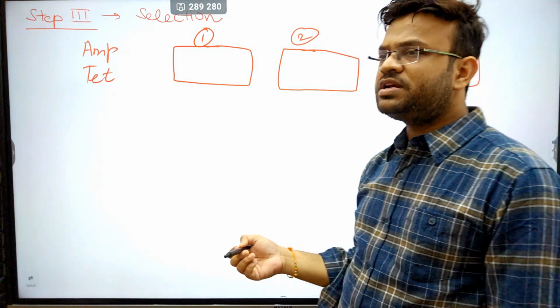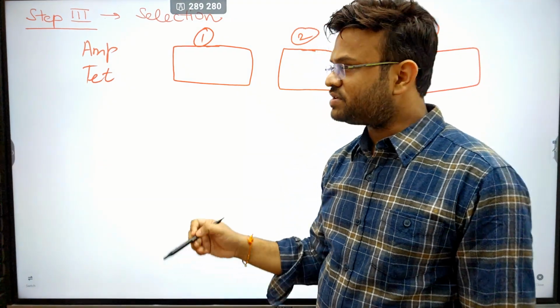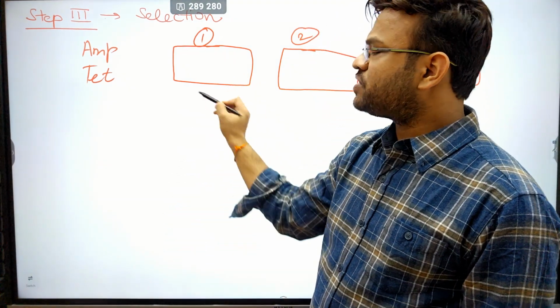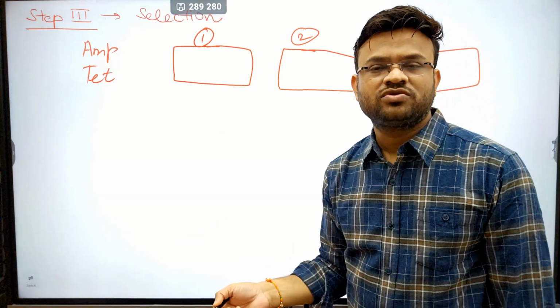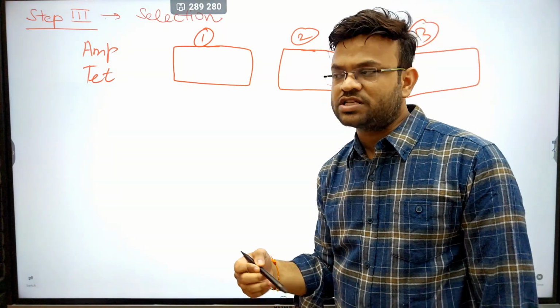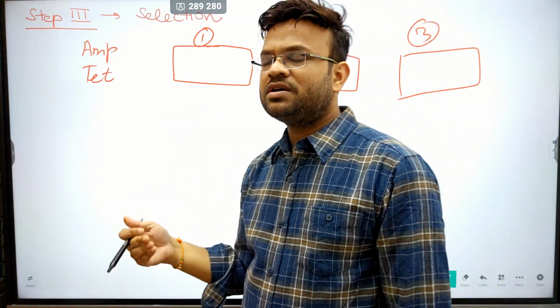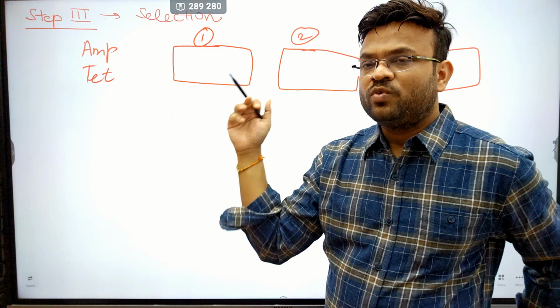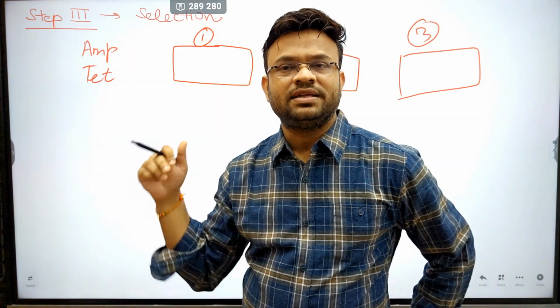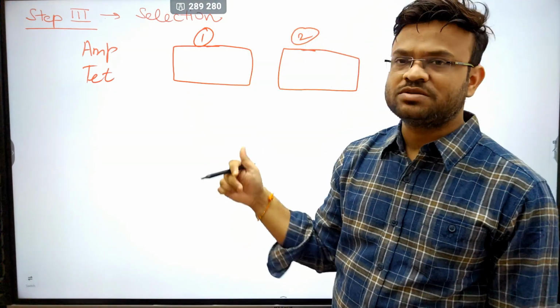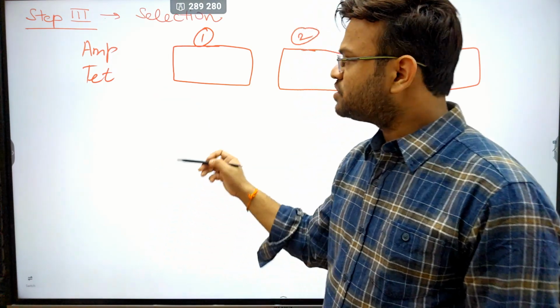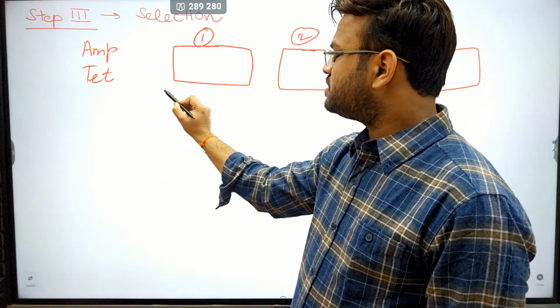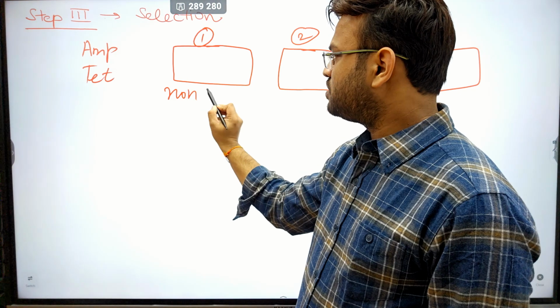Why did I say there are three scenarios? Let us say that the first bacteria was not at all transformed. It did not get transformed. When I say it will not get transformed, I simply mean that the vector will not be entering inside this bacteria. The vector could not enter. So we can say that it is non-transformed.